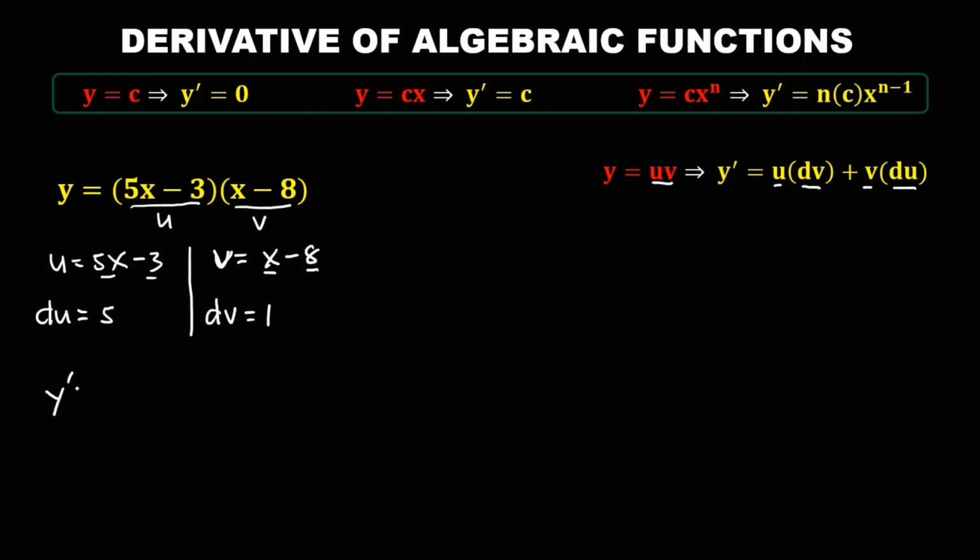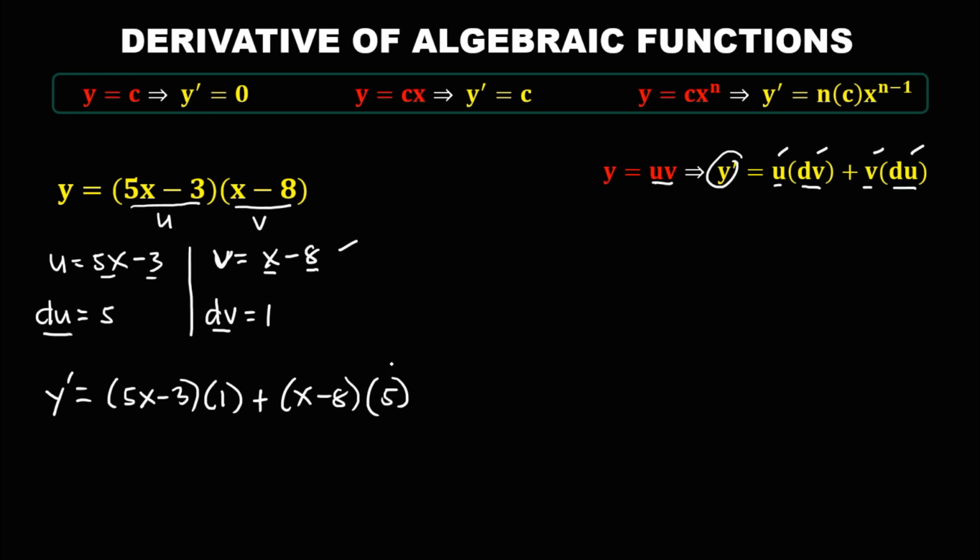Then to find the derivative from this formula, u is 5x minus 3 times dv, dv is 1, then plus v is x minus 8 times du, and du is 5. Then to simplify, we have y prime equals, so multiply.